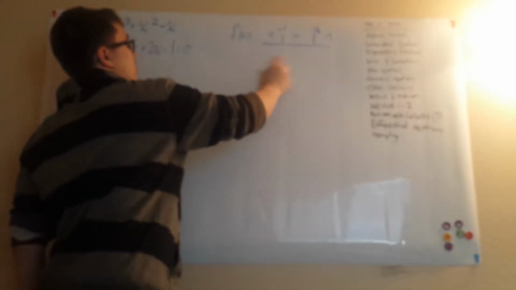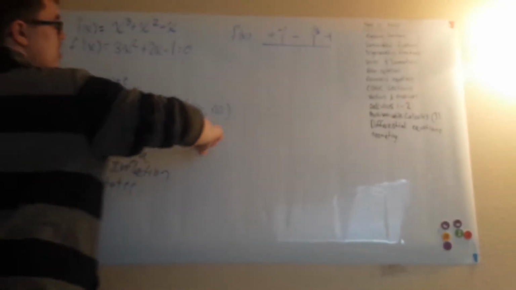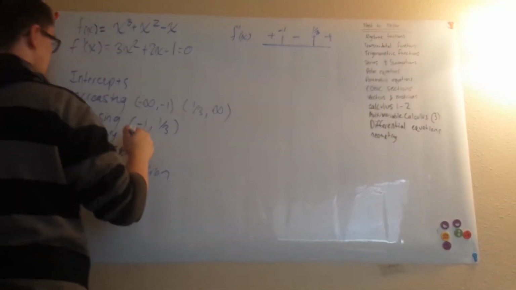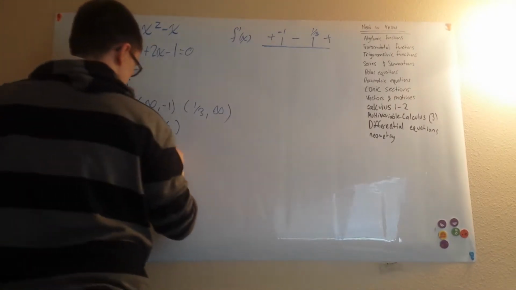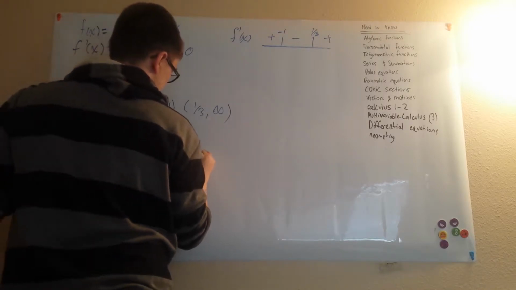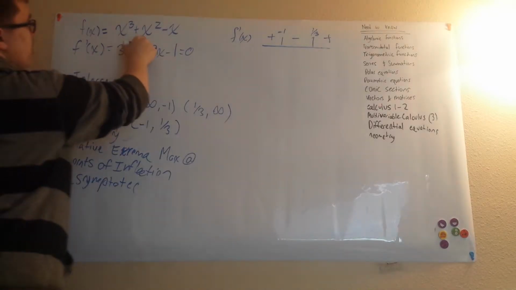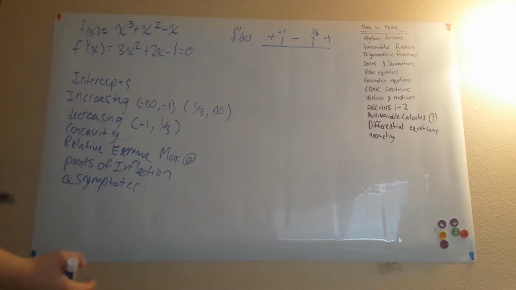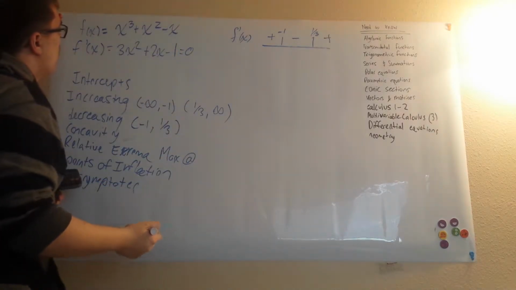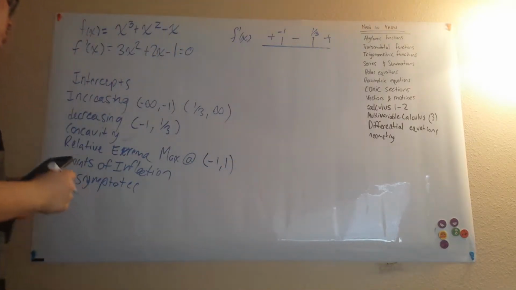Ooh, we have relative extrema. Remember, it's changing from increasing to decreasing. That means -1 is a relative max. So, max at, and we want to plug in -1 into the function. If we do that, we get -1 plus 1 is 0, minus -1, which is 1. So we have a max at this point.